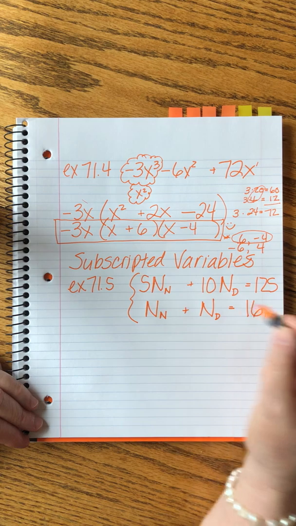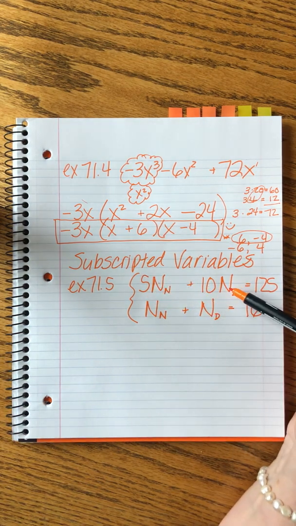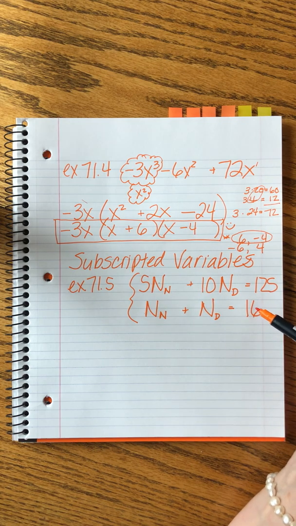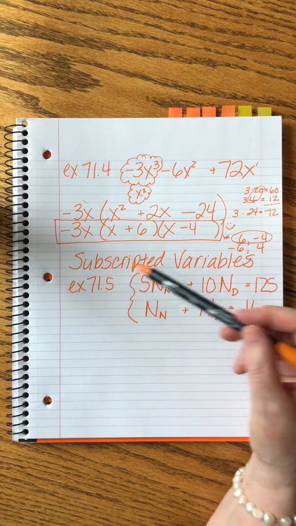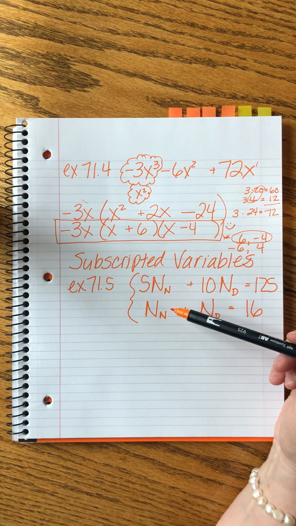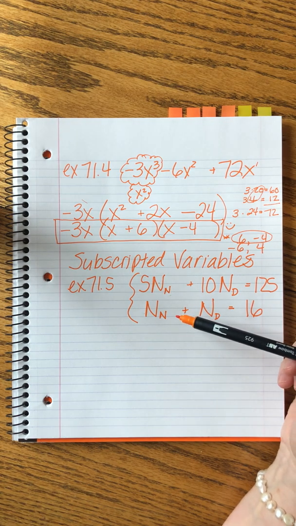Okay, if this was x, 5x plus 10y equals 125, and x plus y equals 16, it would be completely normal. The only thing we've done is we've used as subscripts, these little floaty letters down below, those are called subscripts written below. And what they do is they help us match, like I said, the equation to the words in the story.